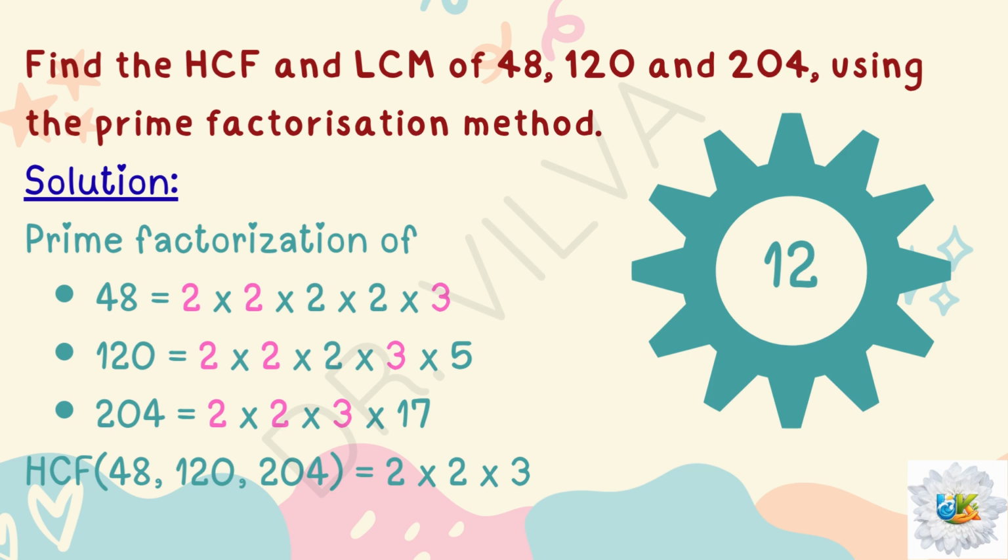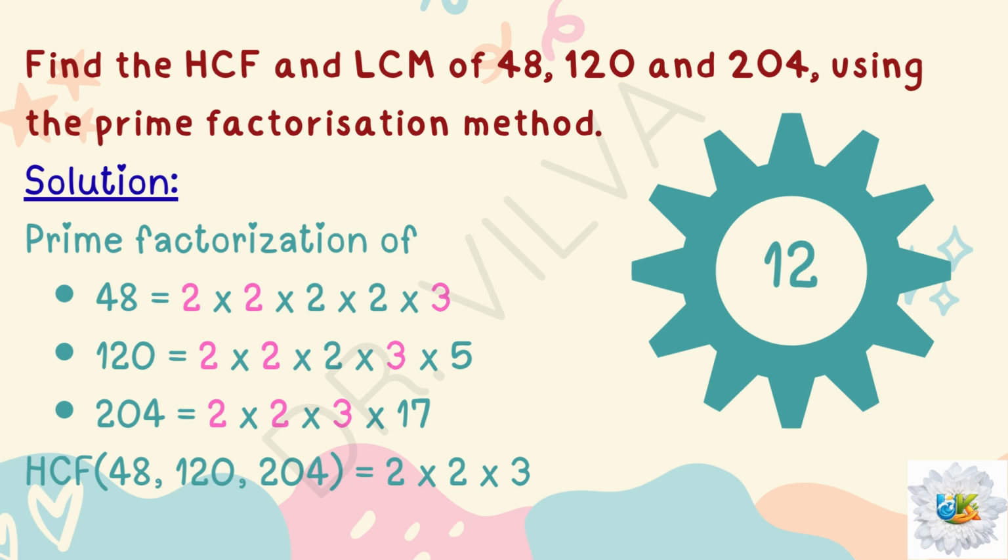The beauty of the technique we just learnt is it also gives HCF and LCM of any number of integers. Let us find HCF and LCM for any 3 integers. For example, we are considering 48, 120 and 204.